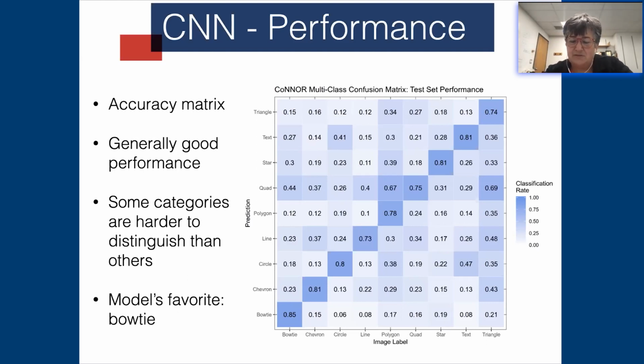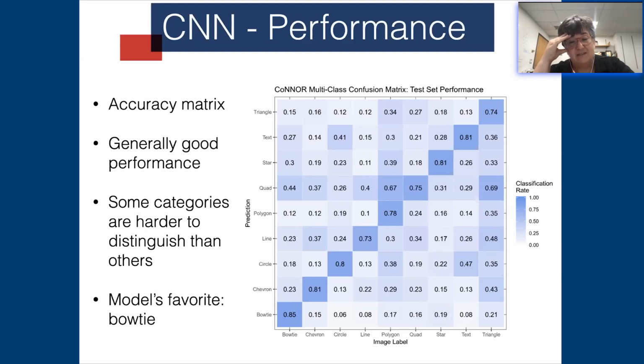So distinguishing between a triangle and a quadrilateral and a polygon is generally a hard task. So you can see how this is quite often messed up. So 0.67, that's in the middle here, the 5th entry in the quadrilateral: the model predicts a quadrilateral, but it is actually a polygon, so it has more than 4 corners. The model loves bow ties. So 0.85 is the accuracy for bow ties. That's overall the top category.